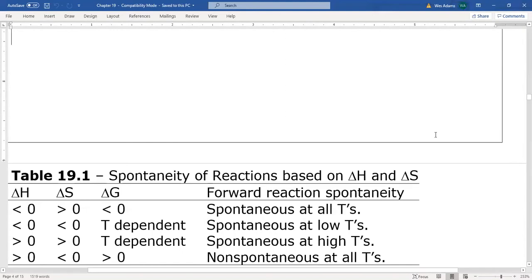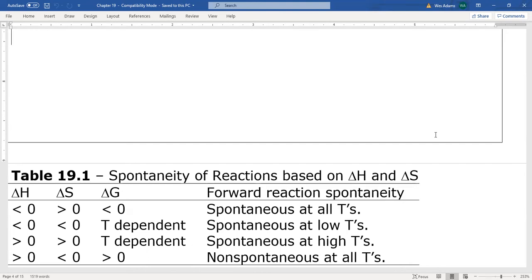So looking at the table, we can actually say some things about spontaneity of the reactions based on the sign of the delta H, the delta S, and the delta G. If the delta H is negative and the delta S is positive, then the delta G is negative, because delta G equals delta H minus T delta S, and you've got to plug things into that.